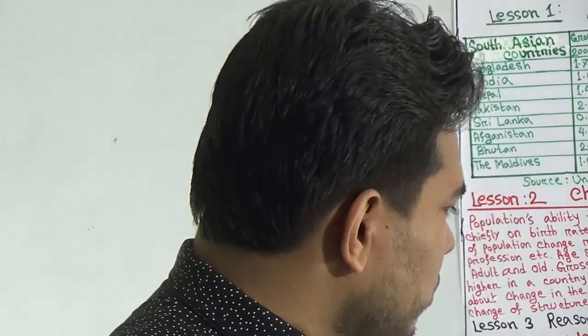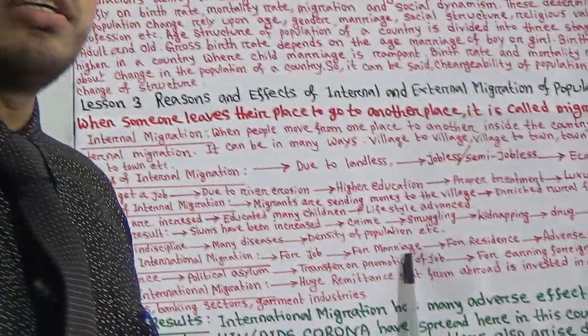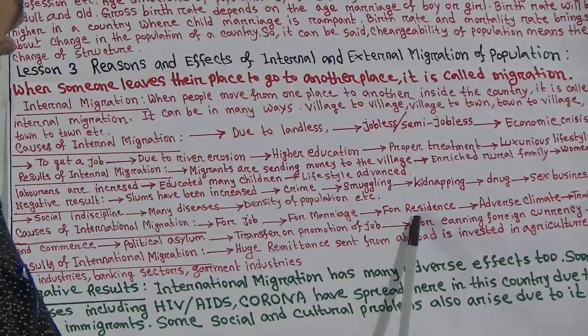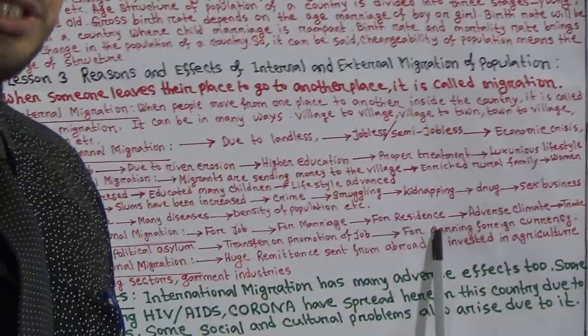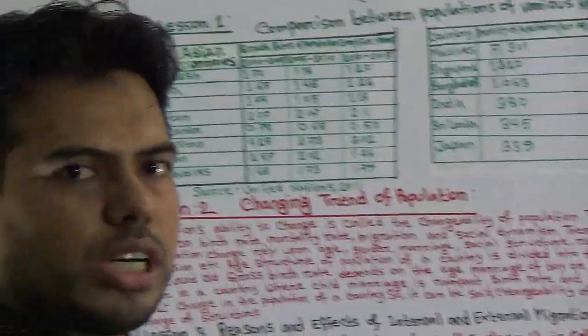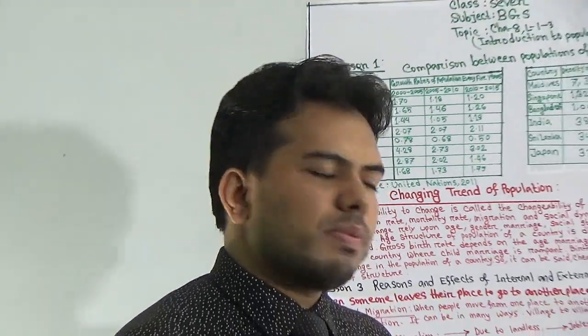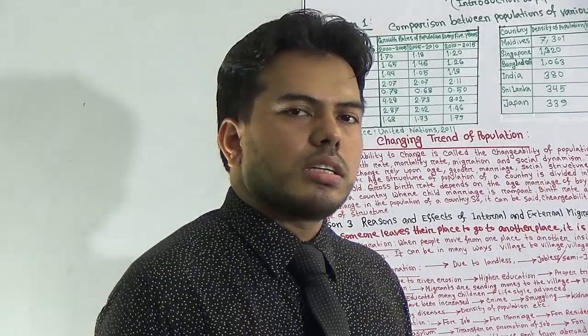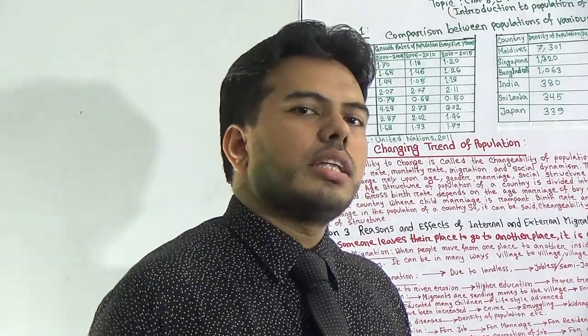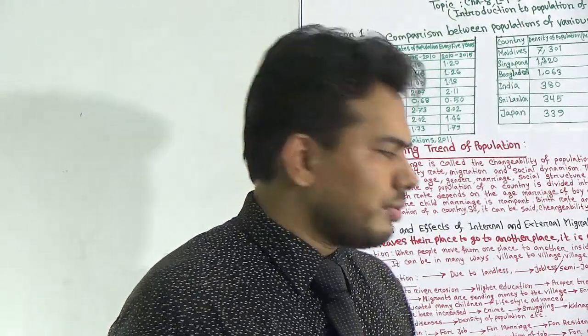Then for marriage purposes, they also settle down in another country. For getting residency or citizenship, people try to migrate from one country to another. Okay, adverse climate. Those people who face adverse climate in their home country try to migrate to another country for leading a better life.